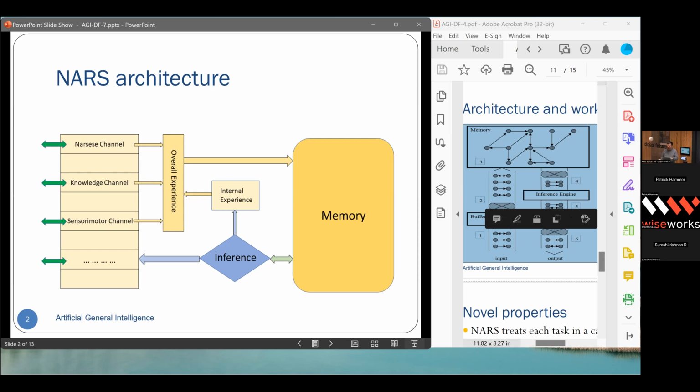In this case, this channel will basically do the translation between the specific language used in that channel and Narsese, to and from. This is relatively simple, but it is very powerful, so that the system can use existing knowledge sources.